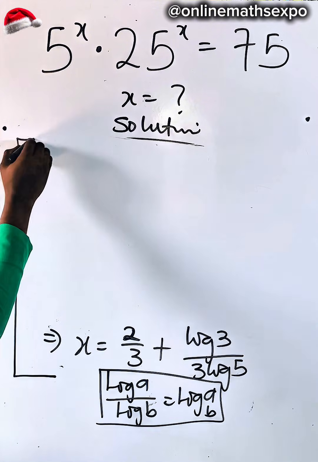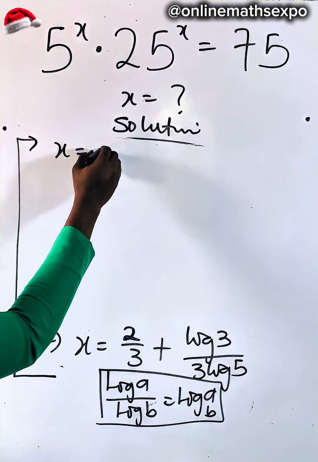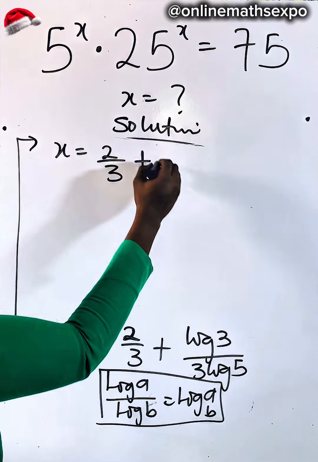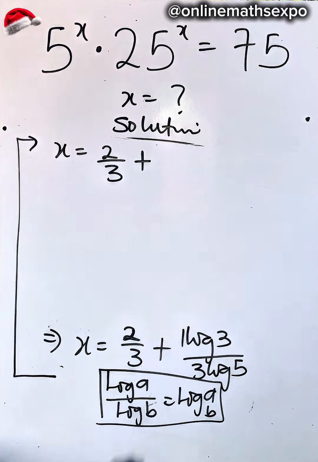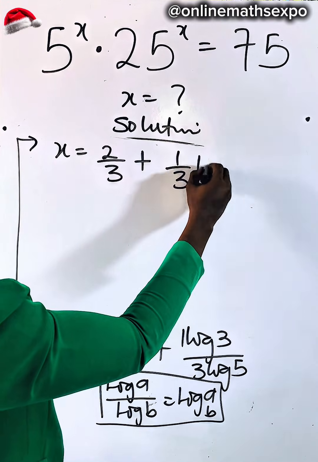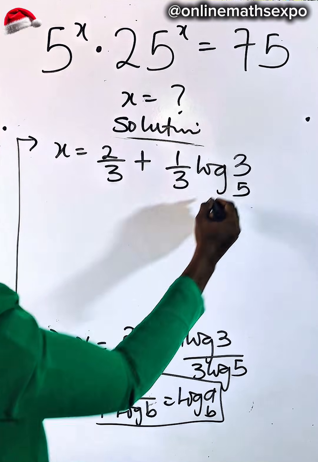So we now have x is equal to 2/3 plus, remember the quotient is 1 here, so we have 1/3 of log 3 base 5.